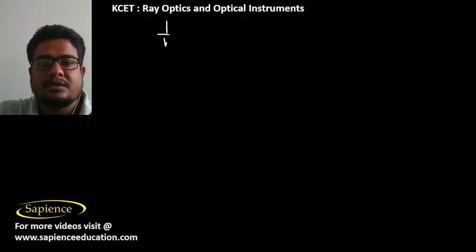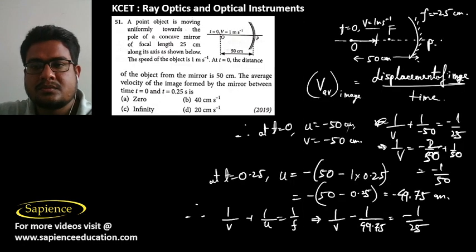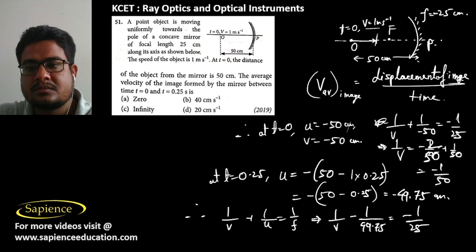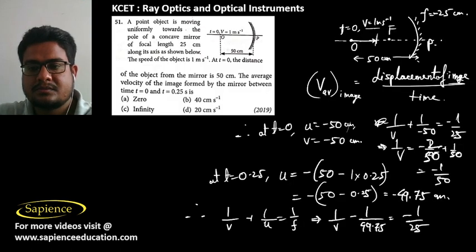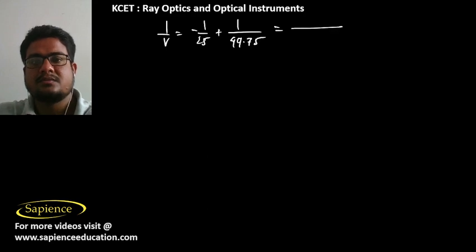Therefore, 1 by v will be equal to minus 1 by 25 plus 1 by 49.75.